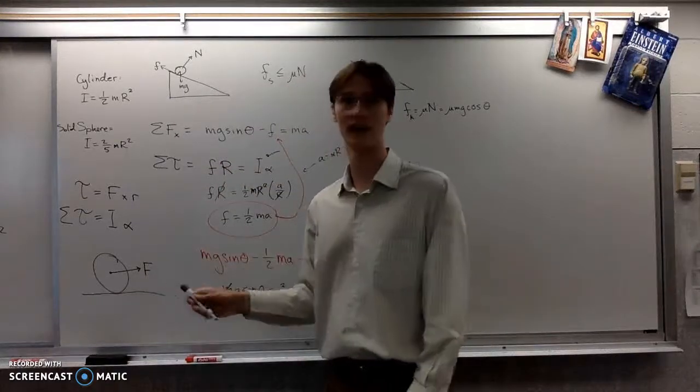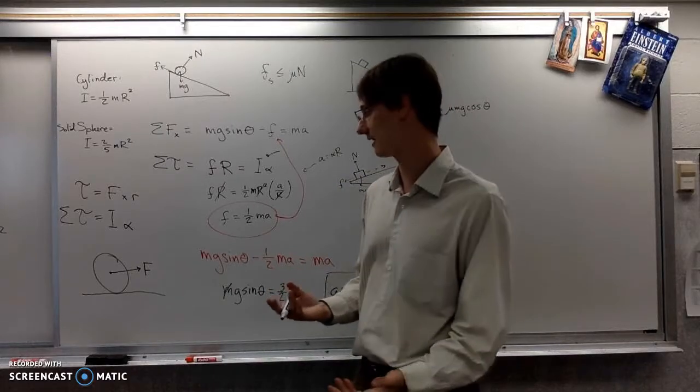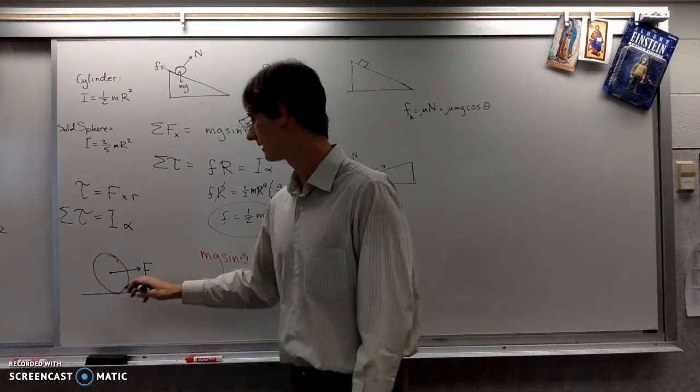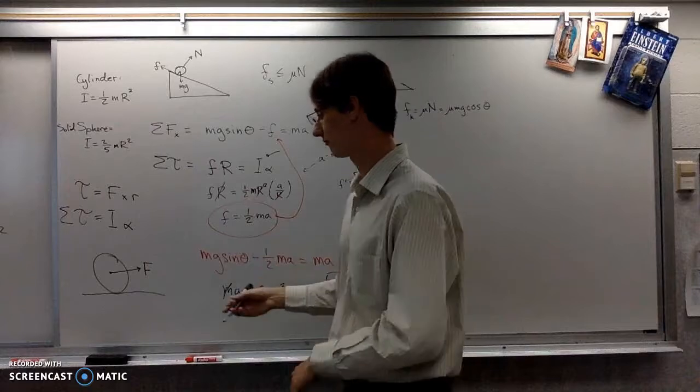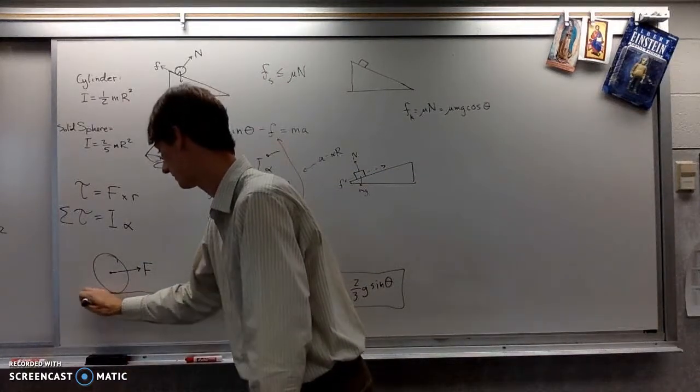The force we're applying doesn't exert a torque at all because it's acting at the center of mass. So in this case, given that we know it ought to roll this way, the friction force would have to act in the expected direction.